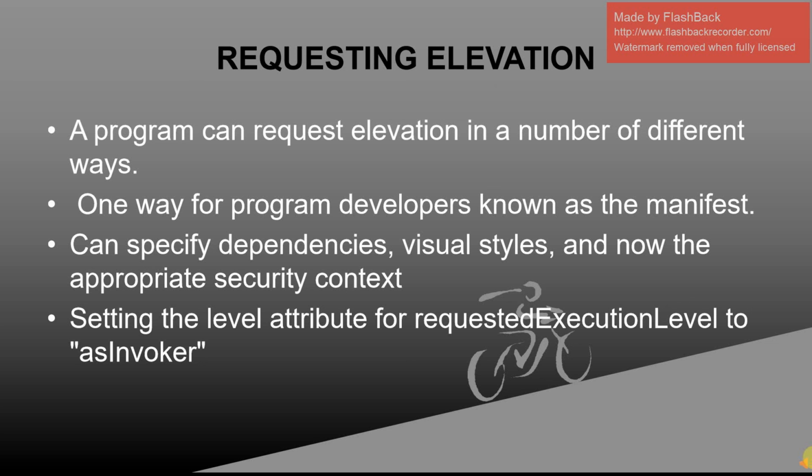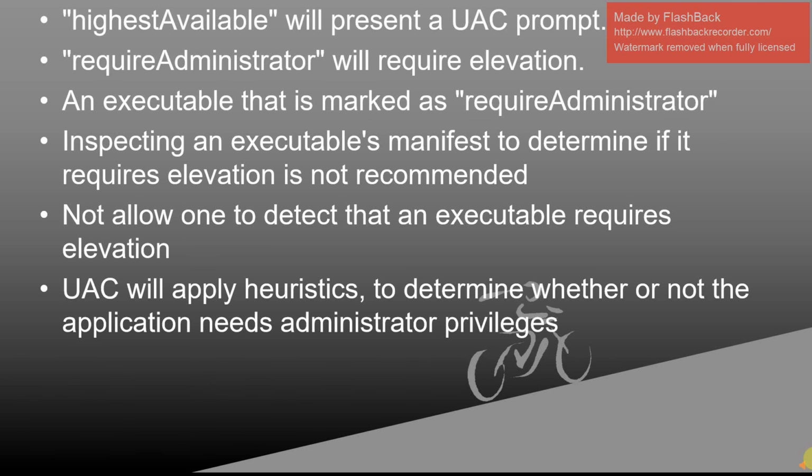Setting the level attribute for requested execution level to asInvoker will make the application run with the token that started it. highestAvailable will present a UAC prompt for administrators and run with the usual reduced privilege for standard users.